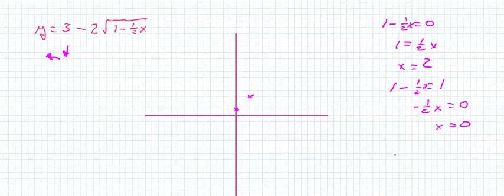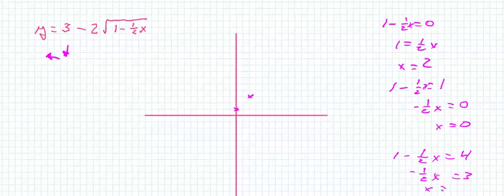Let's do one more and see if this works out. So 1 minus a half x now has to equal 4. Subtract 1. I get negative a half x equals 3. Kill the fraction.